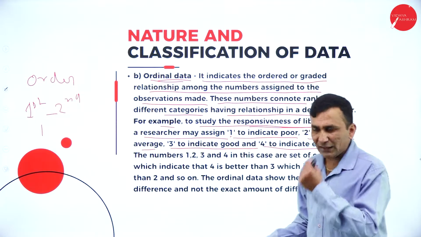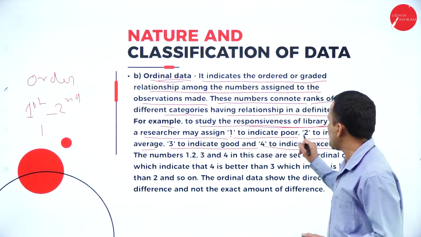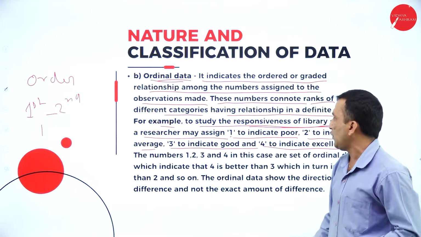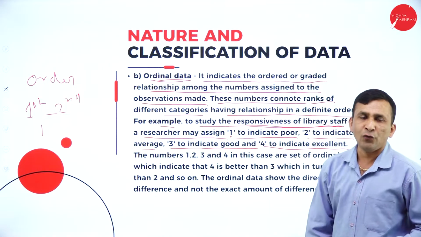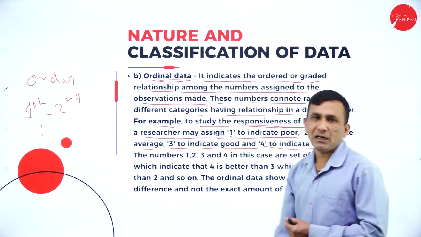Any modification is possible; for example, excellent can be assigned 1 and poor 4, according to the rank we assign.